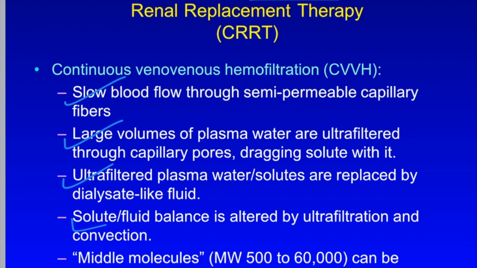With hemodialysis and diffusion, for instance, only very small molecules, such as creatinine, molecular weight 113, urea 62, sodium 23, etc., can be efficiently removed. In CVVH, the use of convection allows the so-called middle molecules, molecular weight 500 to 60,000, to be removed as they are dragged through the semi-permeable membrane along with water.